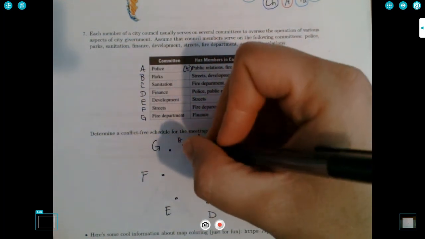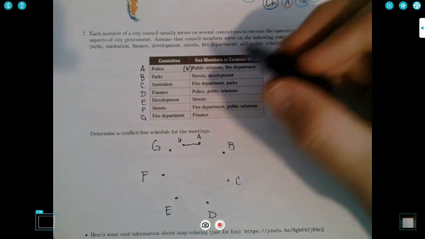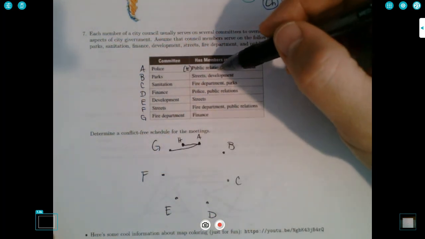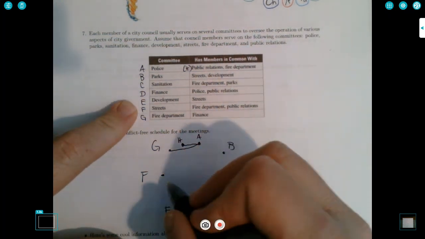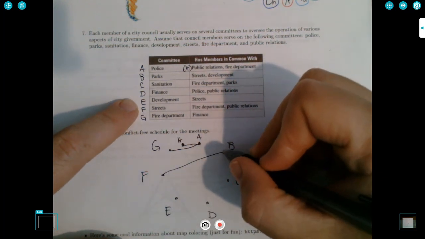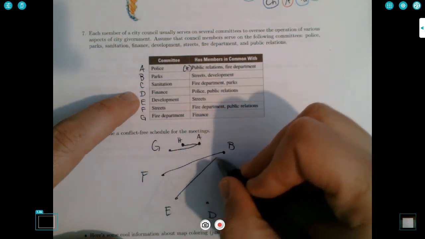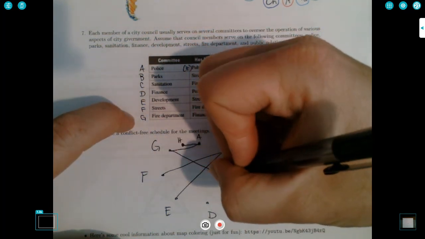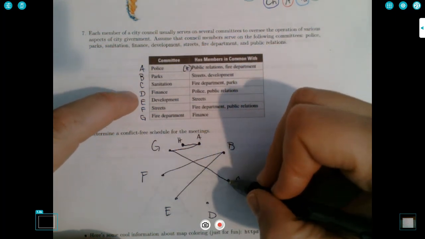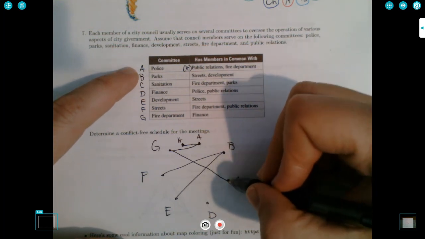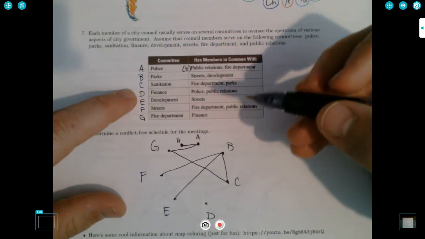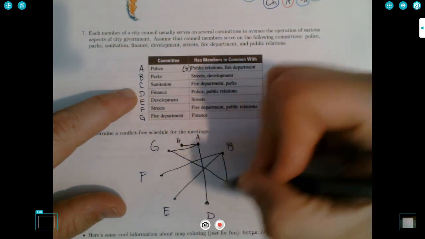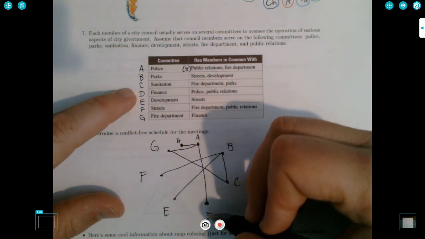Anyway, so police have members in common with public relations and with the fire department, which is G. Okay, parks, which is B, has streets, which is F, and development, which is E. Sanitation, which is C, has fire department, which is G, and parks, which is B. Finance, which is D, has police, which is A. Police and public relations, which is H.